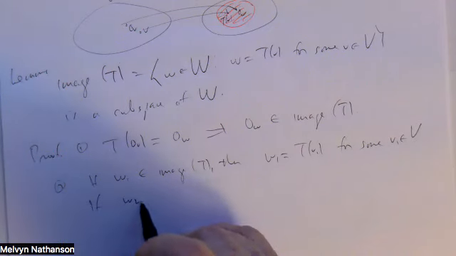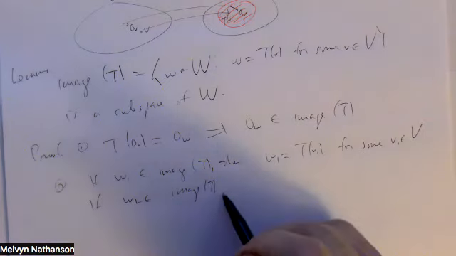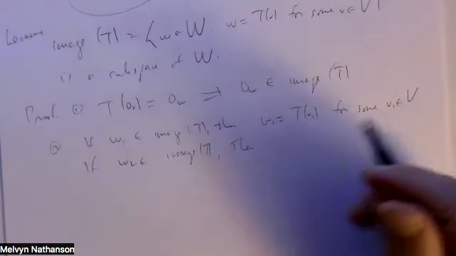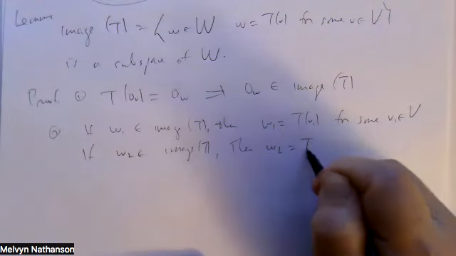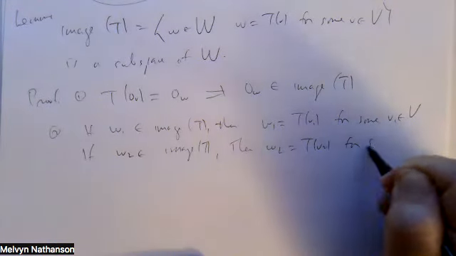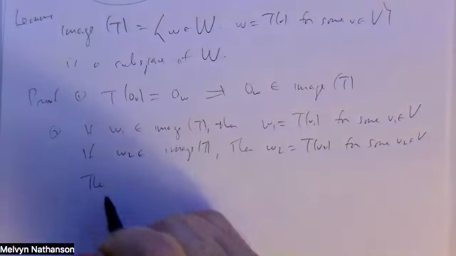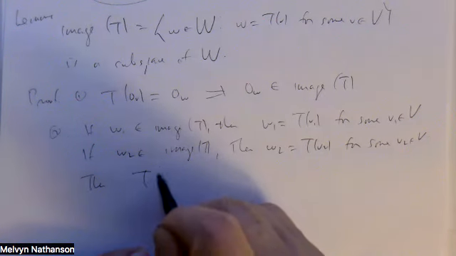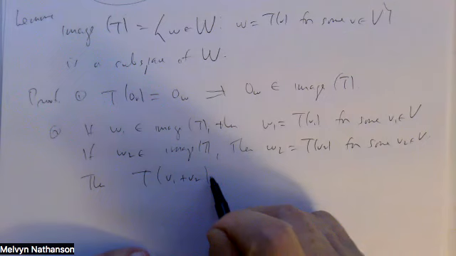And if W2 is another vector in the image of T, then W2 is T of V2 for some V2 in V. So then we look at T applied to the vector V1 plus V2.